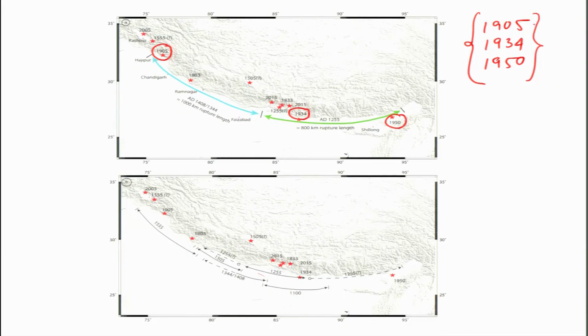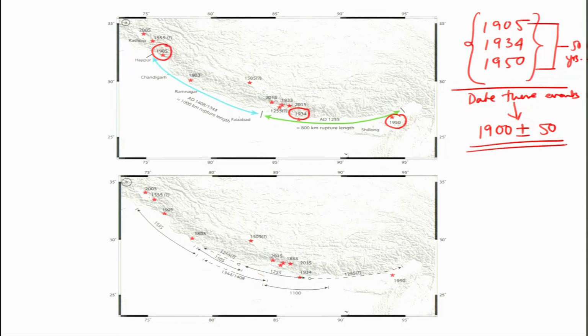Now, the difference between these two earthquakes is hardly 50 years. Now, after 100 years, suppose we date these events. What we are going to see is that we can say that all events occurred in a range of around 1900 plus minus 50 or so. This is just me roughly talking about.